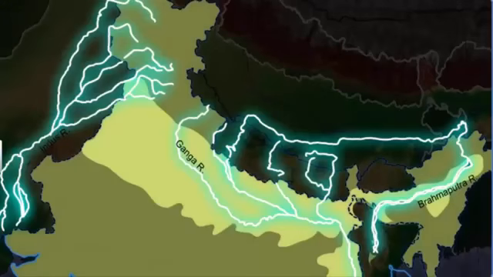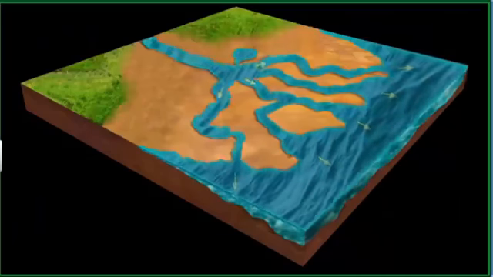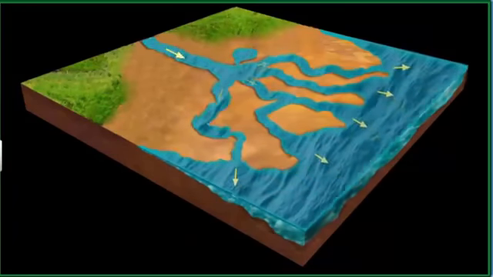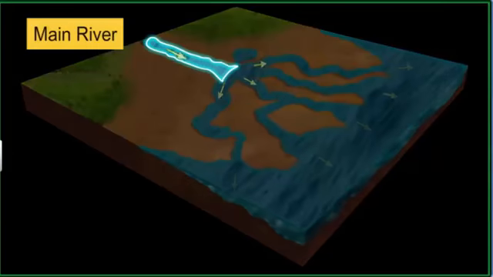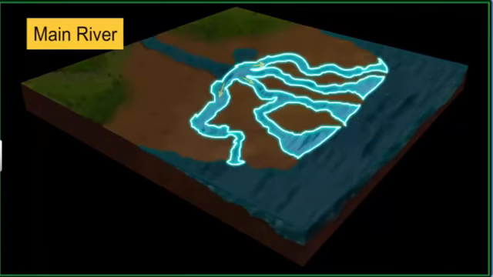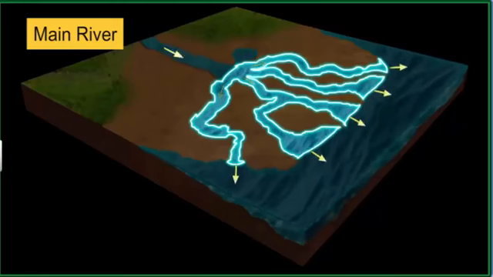The speed of the rivers reduces further as they go downstream. Due to the deposition of huge quantities of silt, these rivers split into numerous channels. These channels are called distributaries.